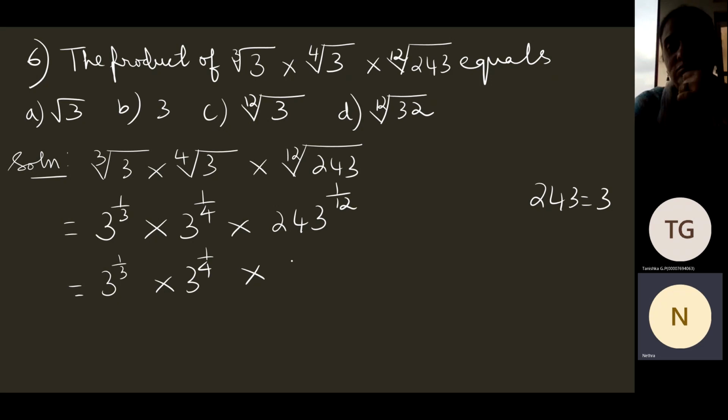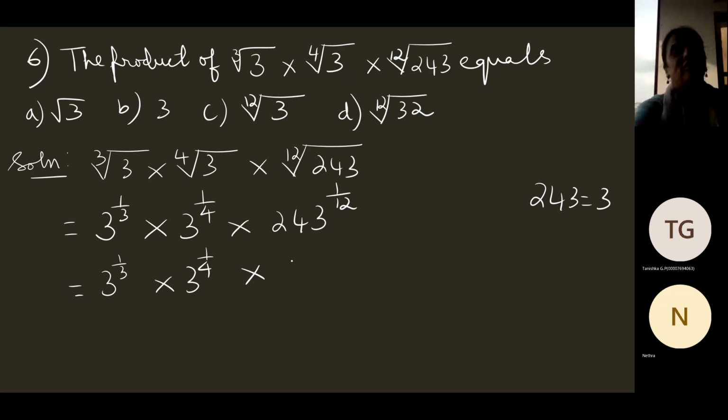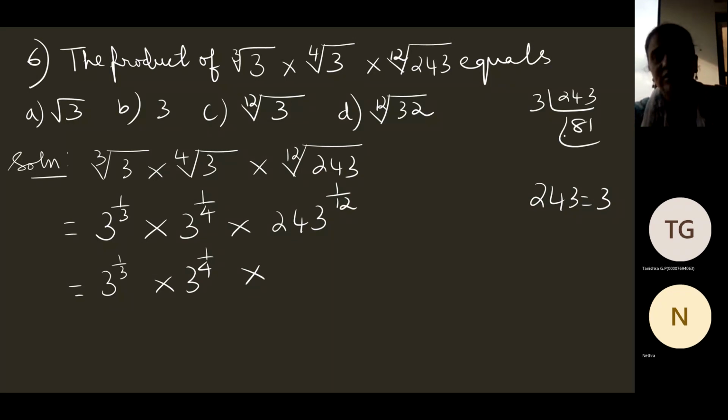Ma'am, it's 3 to the power 5. You started working, Arjun? Okay, tell me, what have you worked? 243, 81, 27. Correct. So how many threes we have? 5 threes. So 3 to the power 5. Okay, so 243 is 3 to the power 5.